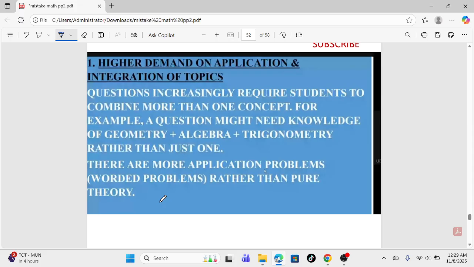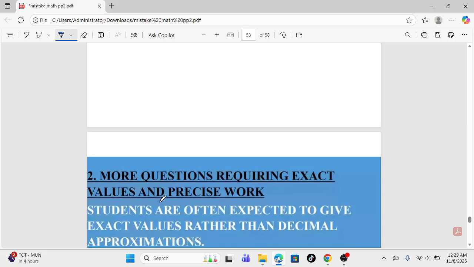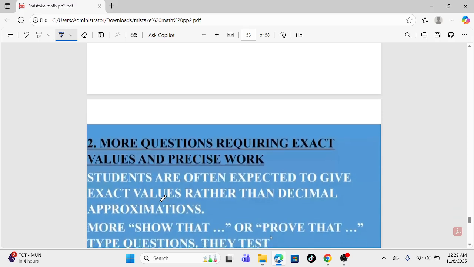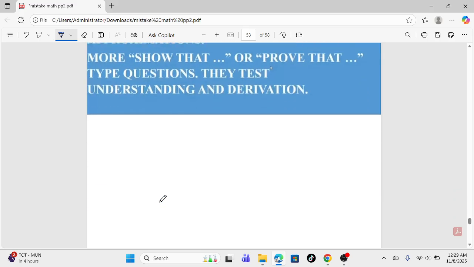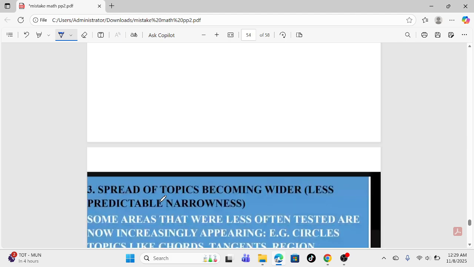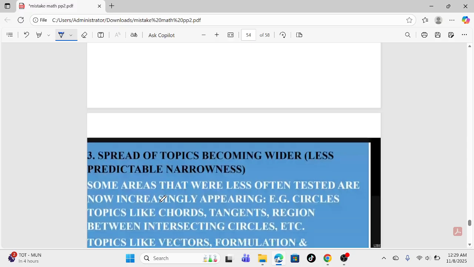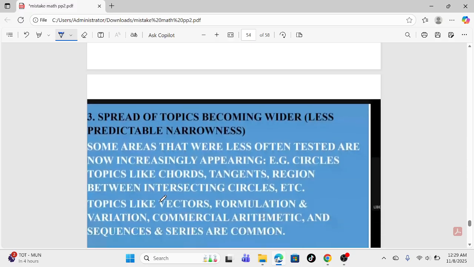For example, algebra usually comes in the form of word problems rather than pure theory. Trigonometry has easy questions. Another thing is that more questions require exact values or precise work. Also, the spread of topics is becoming wider and less predictable.